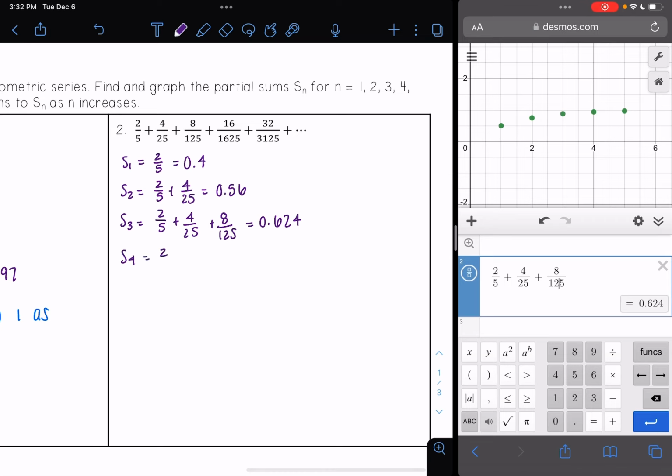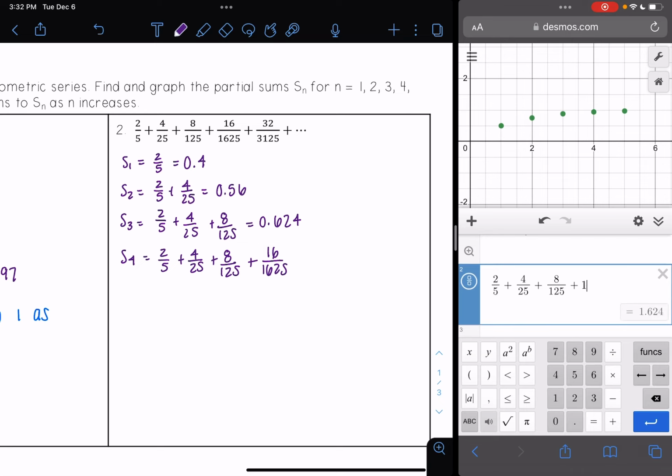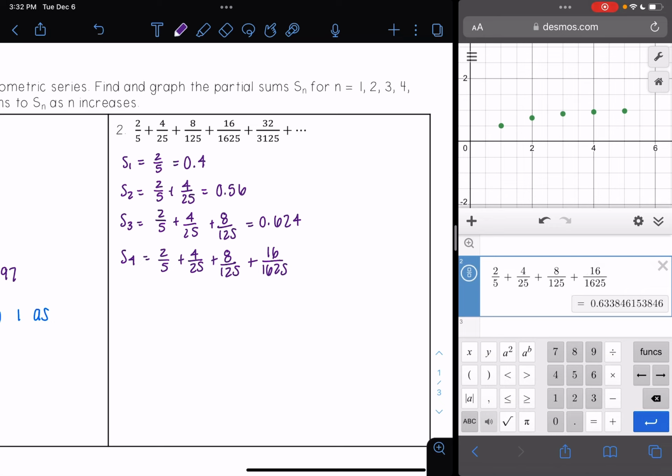S4, I'm going to add the first 4 terms. So when I add 16 divided by 625, I get approximately 0.63.